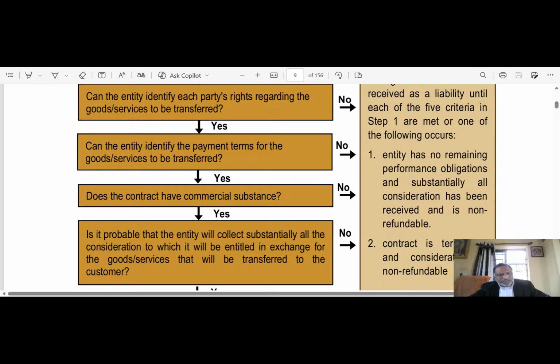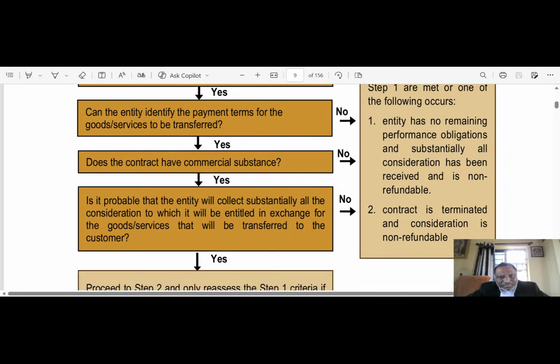Is it probable that the entity will collect substantially all the consideration to which it will be entitled in exchange for the goods or services that will be transferred to the customer?